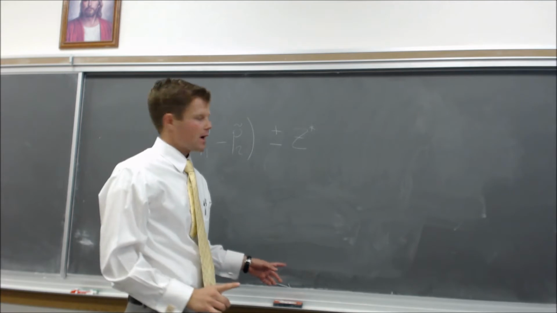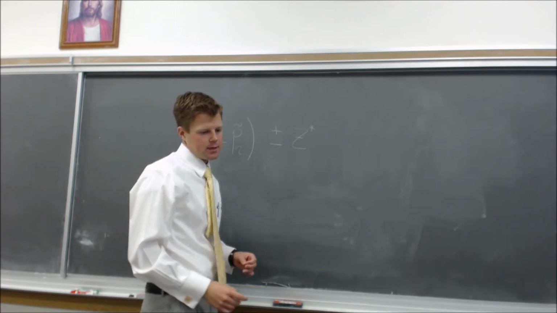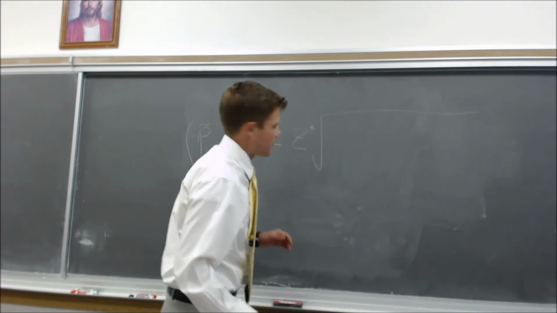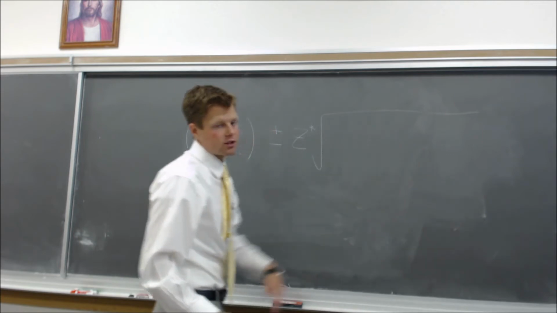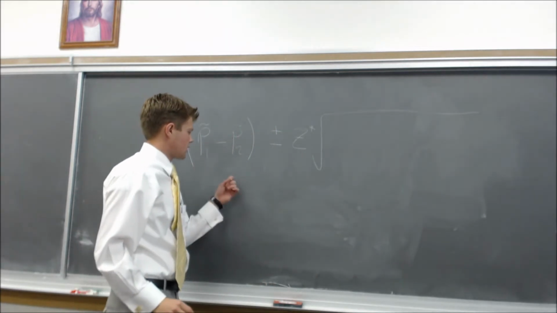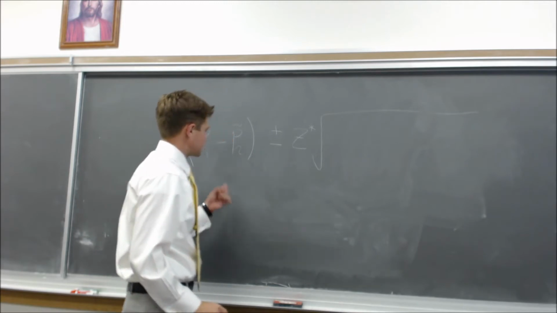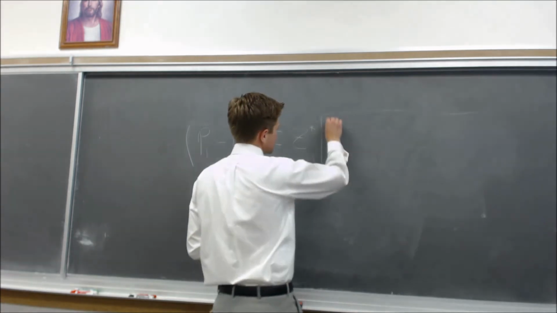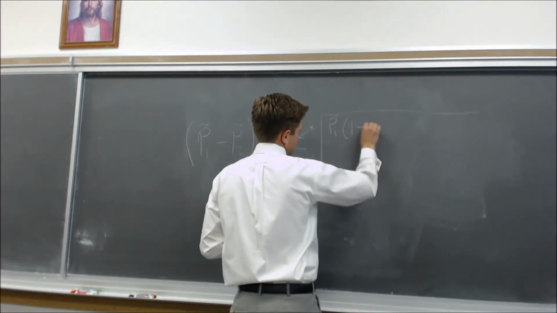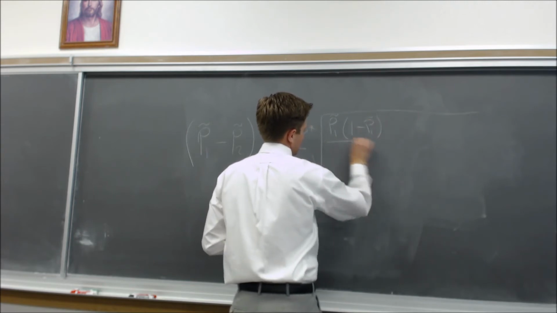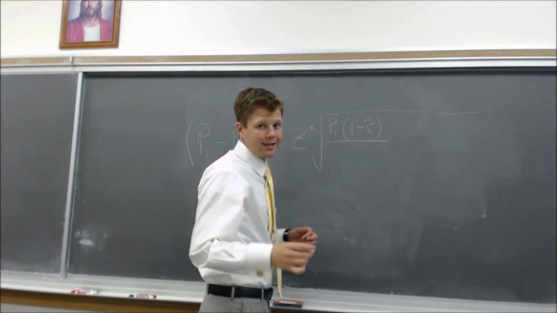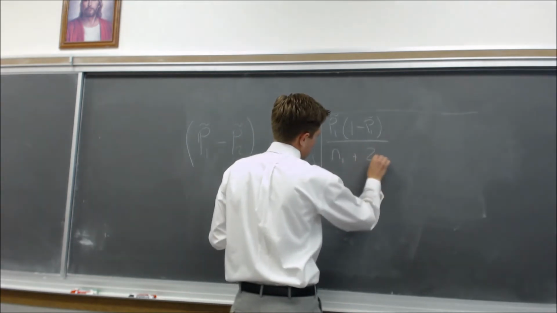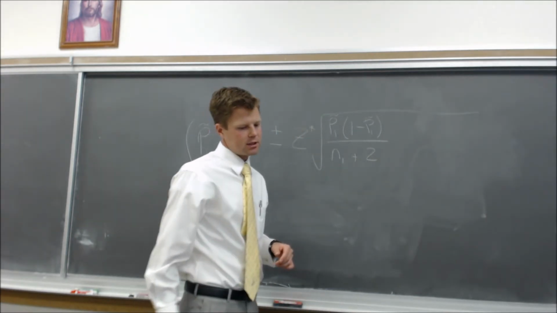If you want to review how to find that number, you can go back to lesson 10. So our z star times another square root. And remember, this portion of the confidence interval is called the margin of error. And the first part is kind of your point estimator, or the sample mean. So we're going to start with our p tilde of group 1 times 1 minus p tilde of group 1, divided by the sample size of group 1 plus 2.